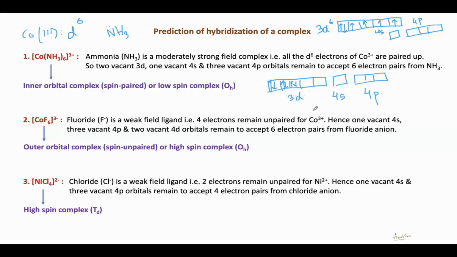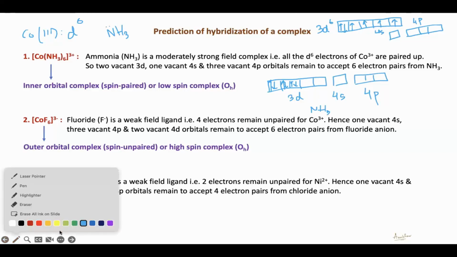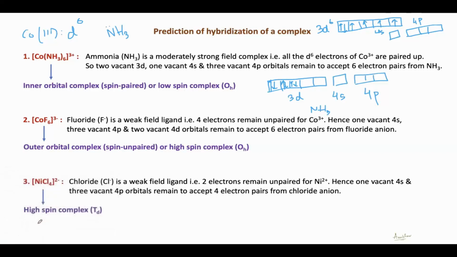Now we are having these ammonia molecules over here, and 6 ammonia molecules are there, because it will be an octahedral geometry complex, as I have told you, octahedral geometry complexes are well known in the coordination compound world. So here these red electrons are actually those donated by the ammonia molecule.